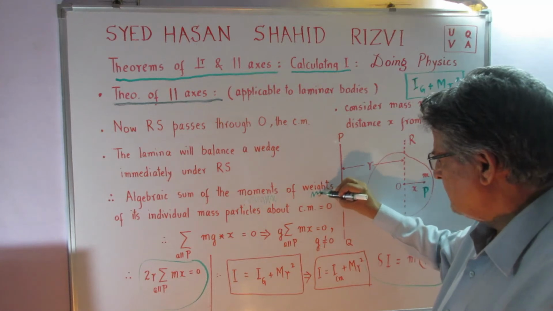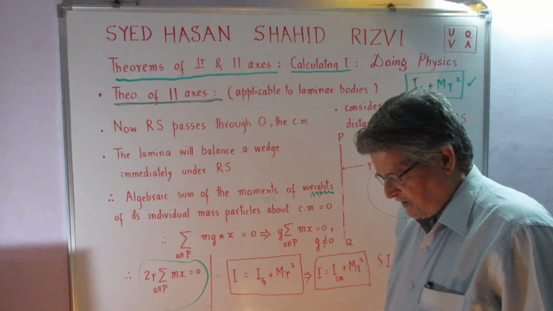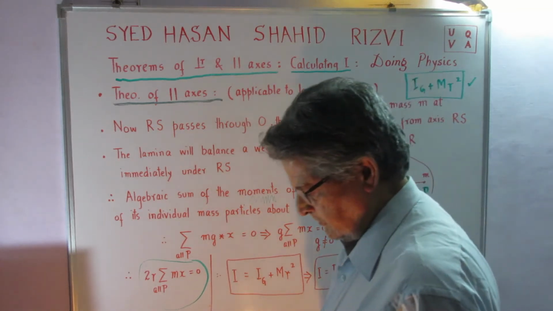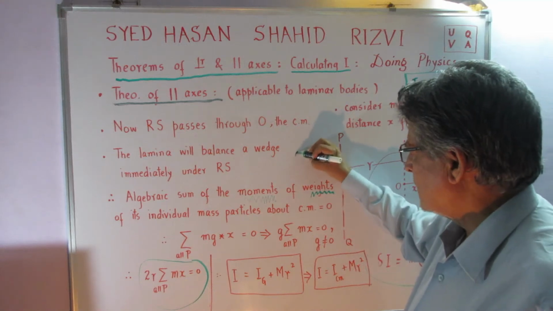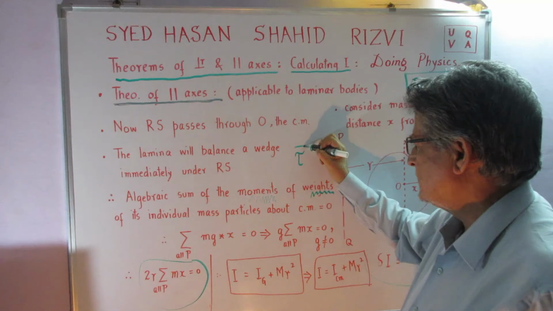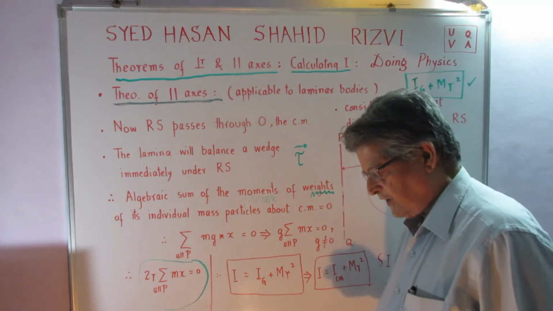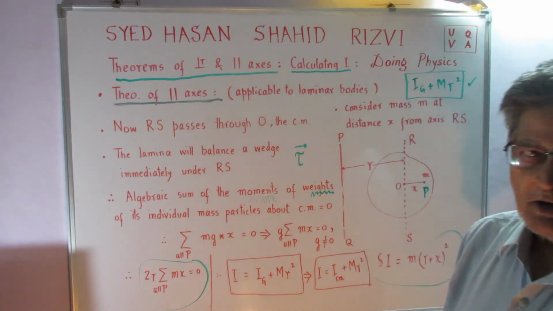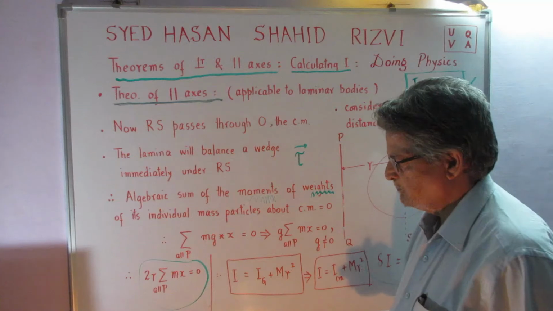Weight is basically what we call a force. The force multiplied by the distance from the axis gives us the torque tau. And the torque for different masses will be clockwise or anti-clockwise.